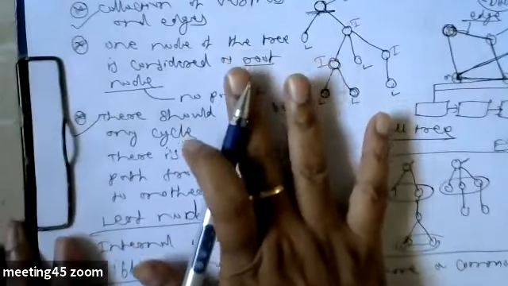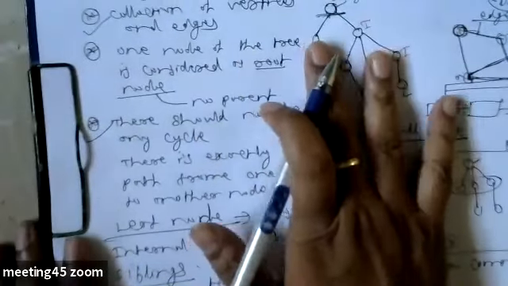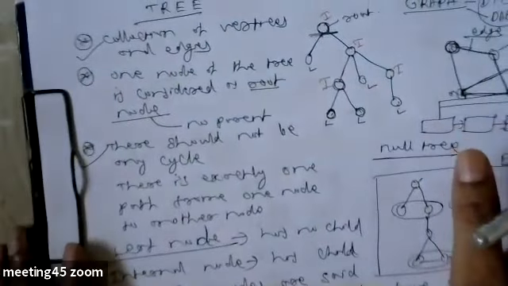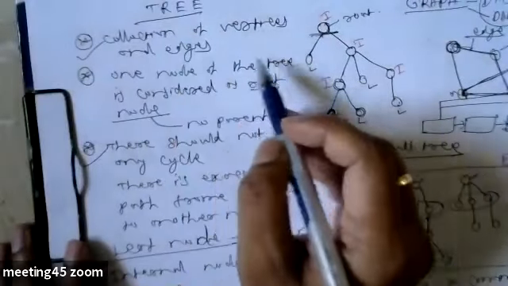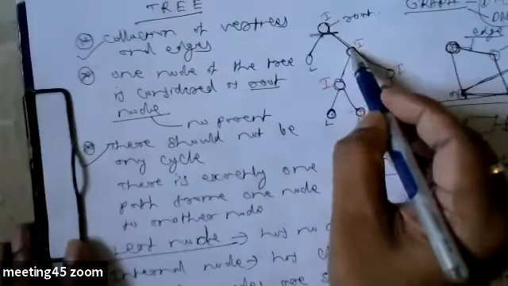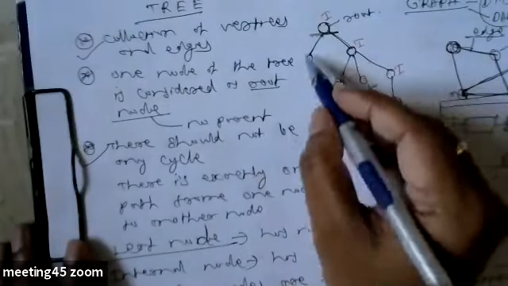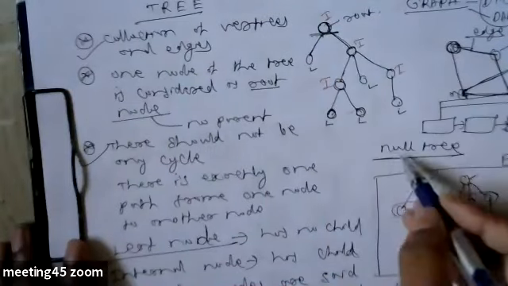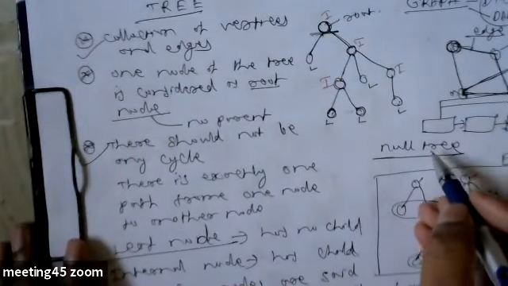Yesterday we studied the basic definition of the tree, where we include three things. One is the collection of vertices and edges. These are the vertices, and these are the edges. Every tree must have a root node except the null tree. If it is a null tree, we cannot do anything.